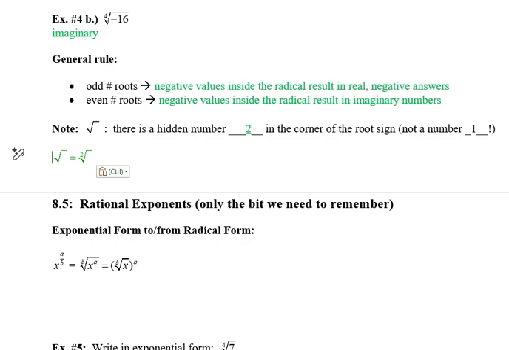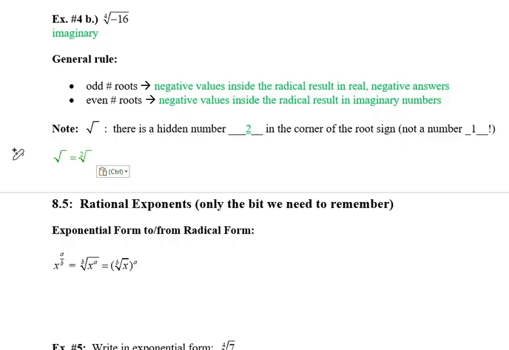There's also a little bit of notation going on when we change from radical form to exponential form. So remember, if I have x to the a over b, the top part of that fraction in the exponent stays an exponent, but the bottom part, the denominator, tells us which root we have.